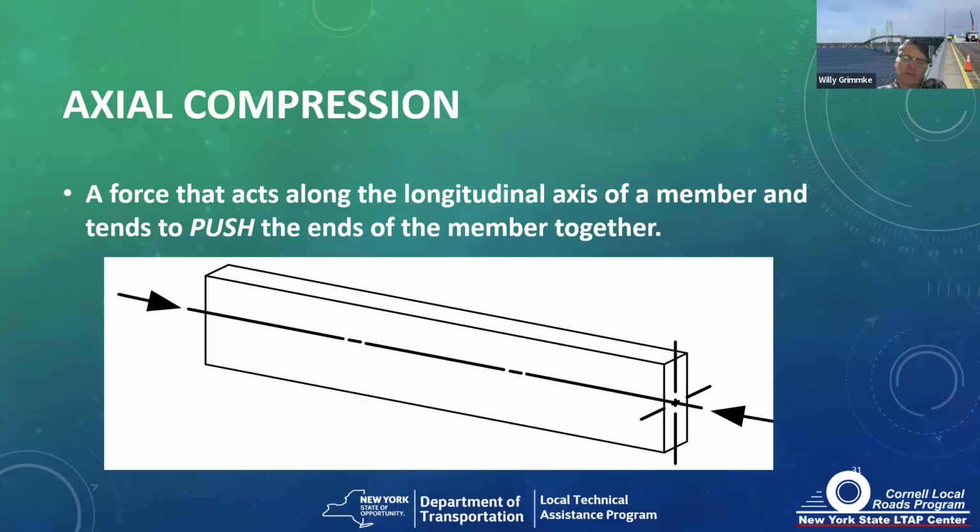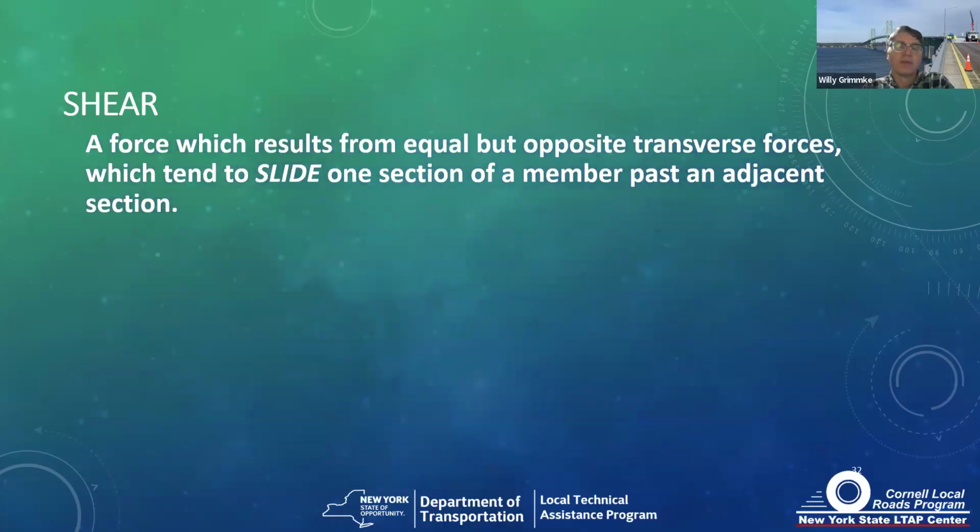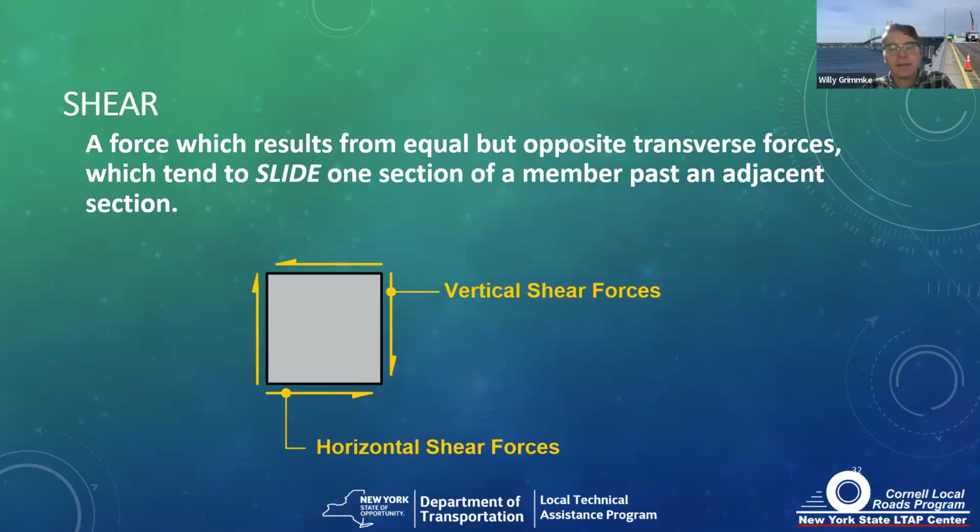But very often things don't fail by crushing in axial compression. It's buckling, because members are relatively slender and they tend to bow out to one side or another. Shear is when a force results from equal but opposite transverse forces, which tend to slide one section of a member past another adjacent section.